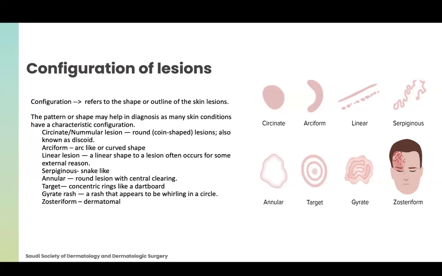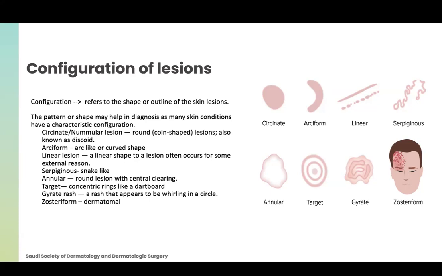Serpiginous happens in a very unique and limited category of diseases, and when you see it, it's helpful. Annular, when you see a round lesion with central clearing, like what you see in tinea or subacute cutaneous lupus. Target, whenever you have concentric rings that look like a dartboard.